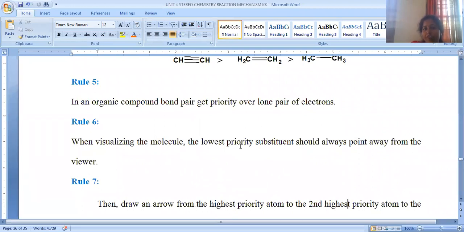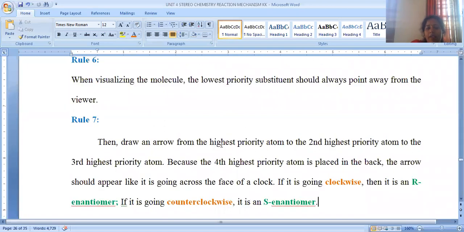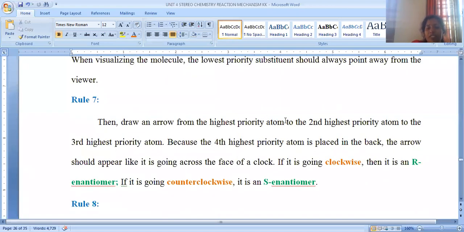In those 4 different functional groups, the lowest priority group, that means the 4th priority group, should be away from the viewer. And when we are moving from the first priority group to second followed by third, if the movement is in clockwise direction, that is called R enantiomer. If it is counterclockwise, nothing but anti-clockwise direction, that is called S enantiomer.